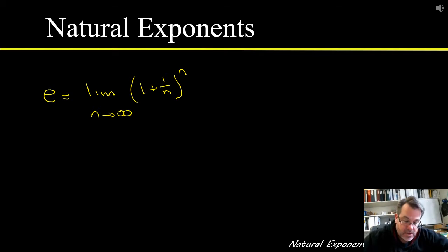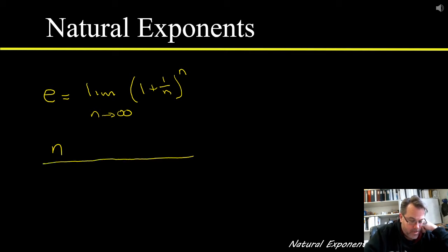All right. So if you want to take a look at a couple numbers and kind of crunch them and play around with it, you can make a little table with n and 1 plus 1 over n to the n. So if n is 1, this is going to be 1 plus 1 to the 1, right?